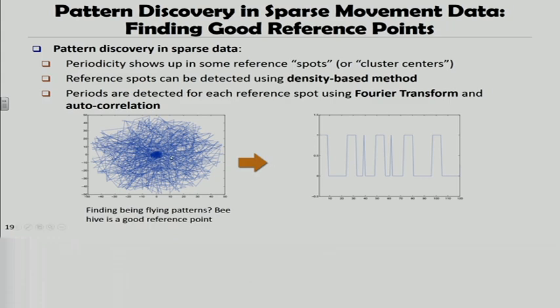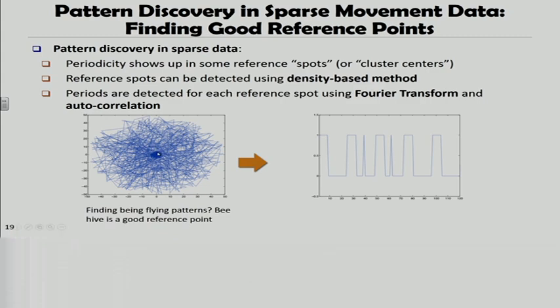But suppose you say, forget all the other places because I cannot find anything, or it's very hard to find anything. I got this beehive. My sensor just stays on the beehive. I only register the beehive. I do the Fourier transform and autocorrelation only on the beehive.